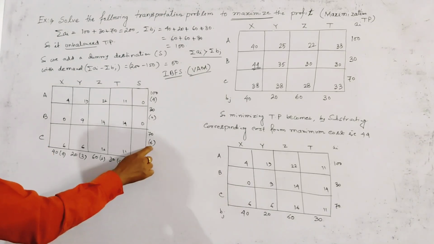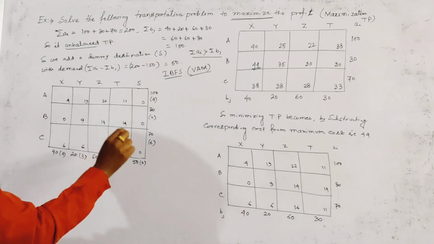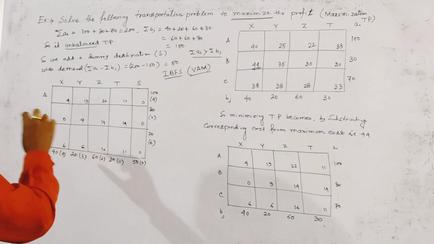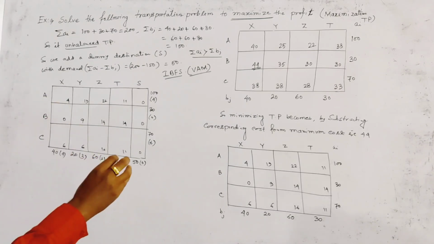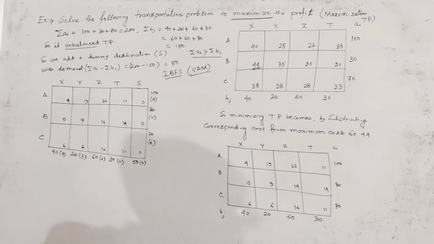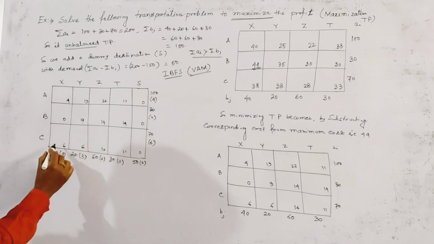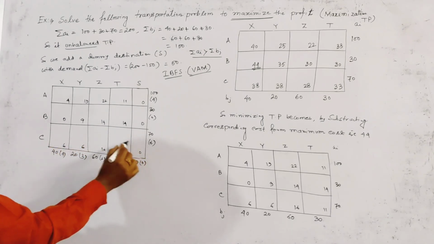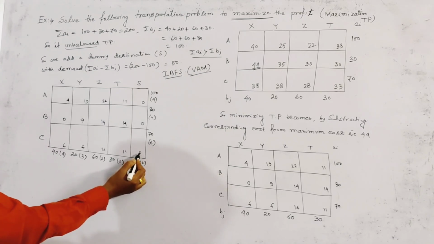Here 6 is the maximum penalty. So we try to allocate in the row or column where the penalty is maximum, and in this row 0 is the minimum cost.